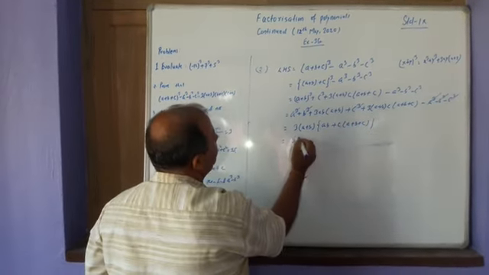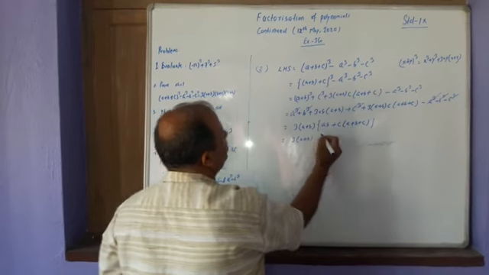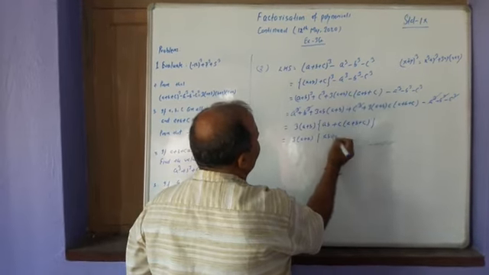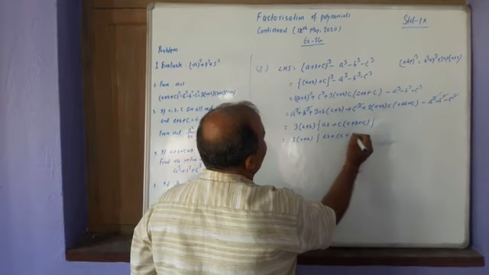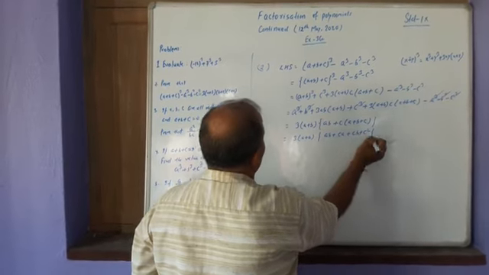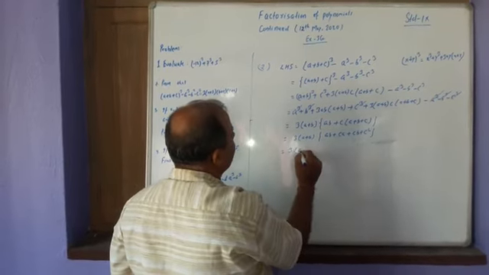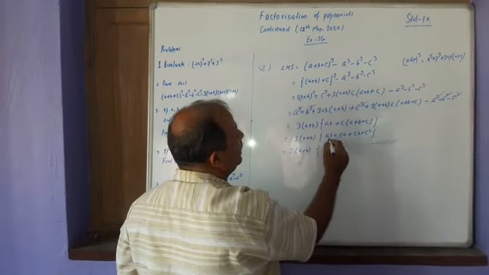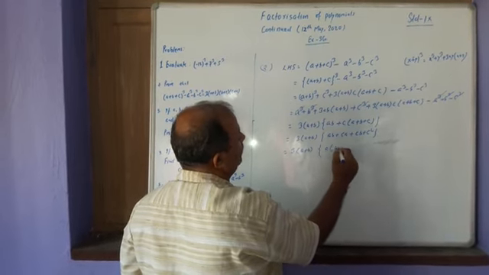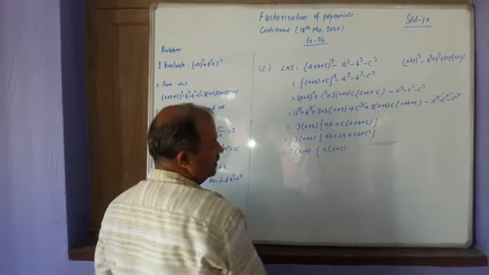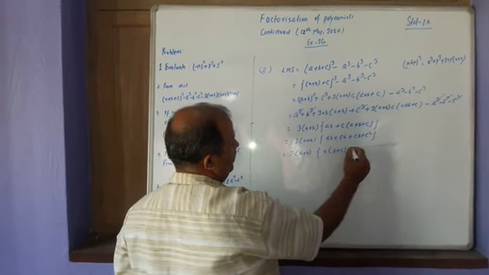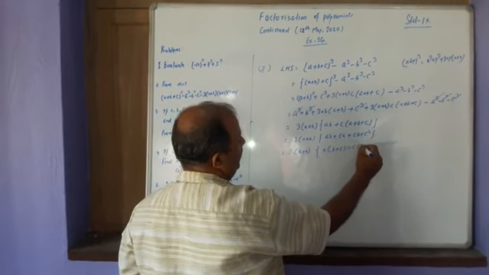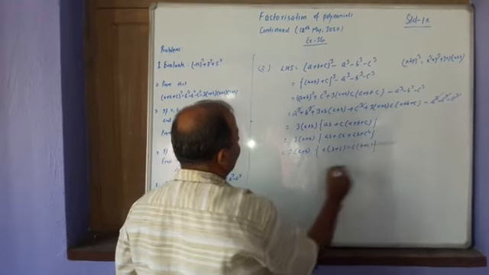This will give 3 into a plus b into ab plus ca plus cb plus c square. When we take a as common, we are left with b plus c. In the last two terms, when we take c as common, we are left with b plus c.